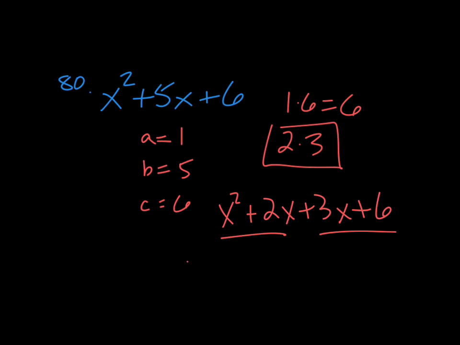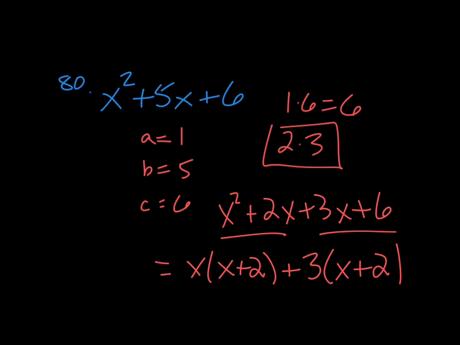X. And you're left with x plus 2. And what's the greatest common factor of the next 2? 3. So then plus 3, and then x plus 2. And so then that factors into x plus 3 and x plus 2.